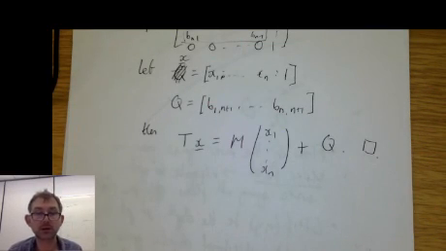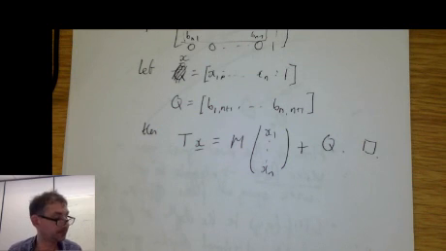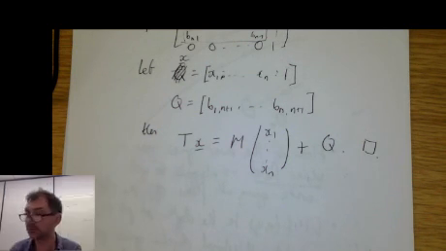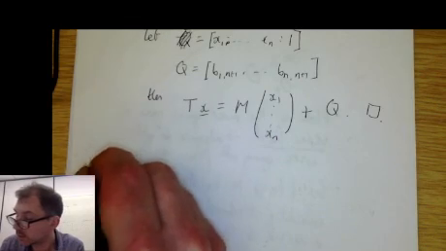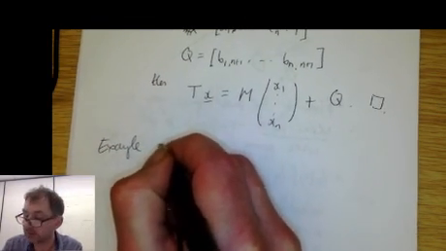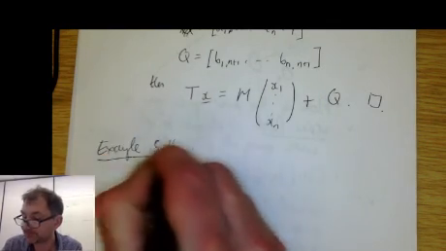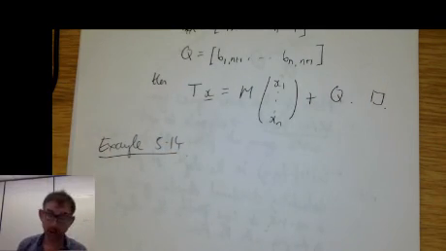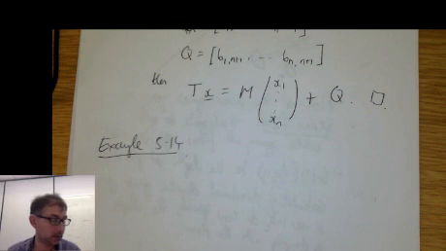Okay, so we're going to do just a final example here. So this will be example 5.14, and we'll look at a slightly more general case than what we were doing when we did an earlier thing for P1.